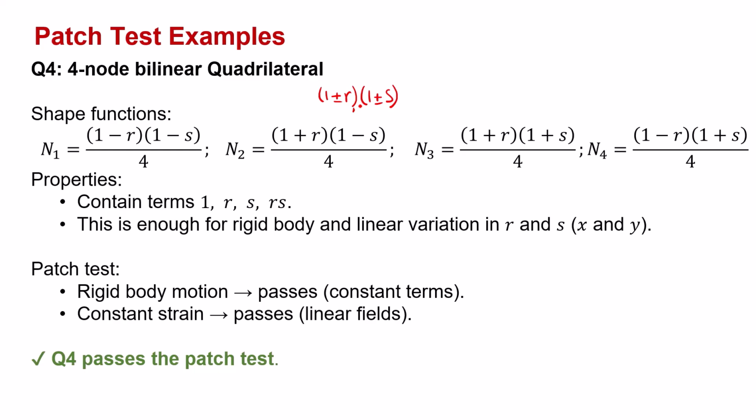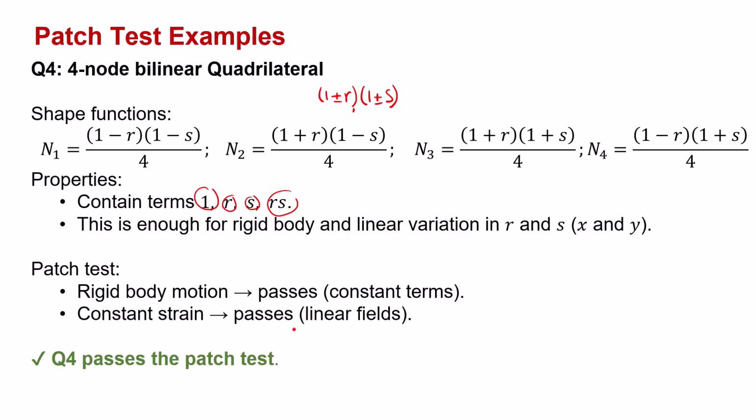If we expand these expressions, we find that the interpolation contains the terms 1, r, s, and rs. These terms are sufficient to represent rigid body motion through the constant terms and linear displacement variations in the physical coordinates x and y after mapping.